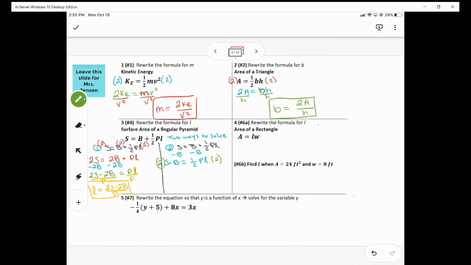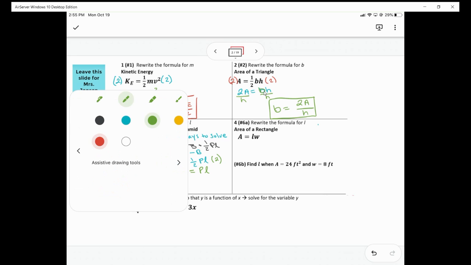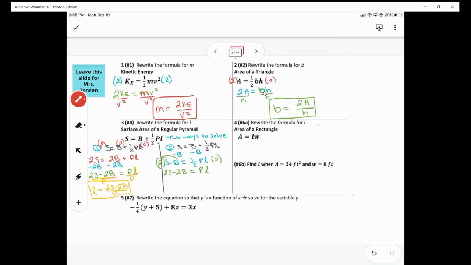Now when we do this, we'll want to distribute 2 to both the s and the b. Remember, we're solving for L, so the last step would be to divide both sides by p. So once again, we have L equals 2s minus 2b divided by p.